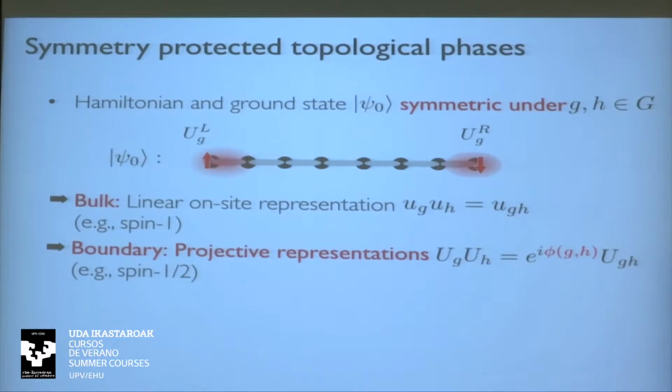For a projective representation, however, we find that there's some phase factor that can appear, so that U_G, the representation of G, times the representation of H, is just some phase factor times the representation of G times H. And in fact, we know that this is the case, for example, for spin-1/2 degrees of freedom.